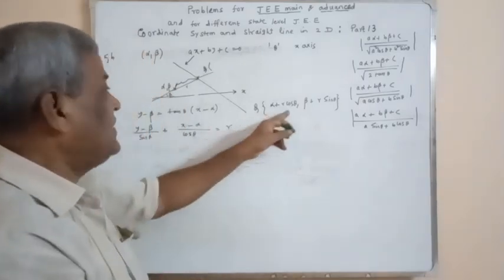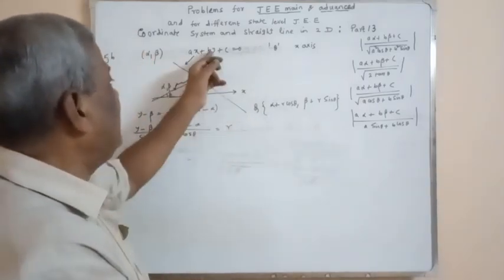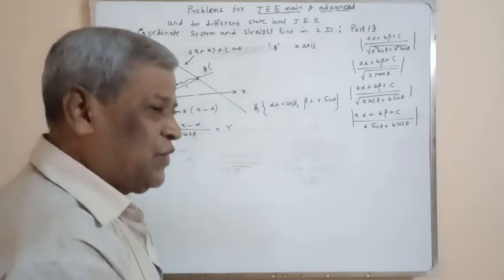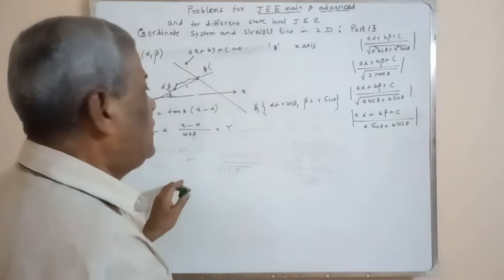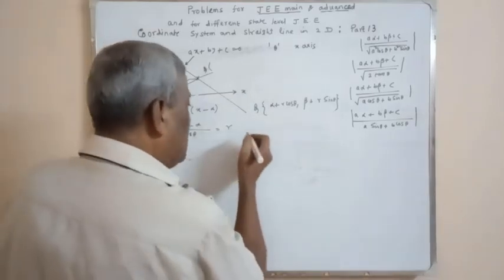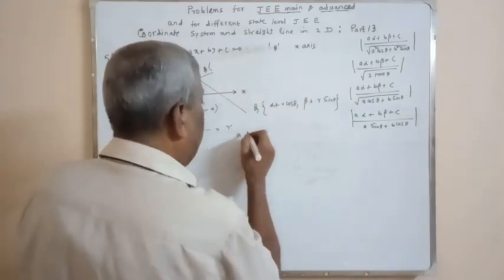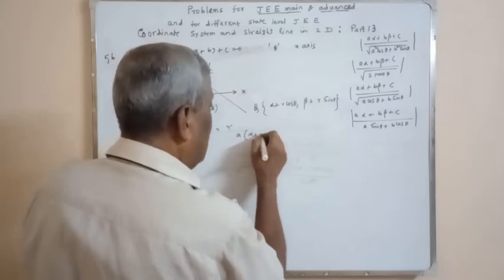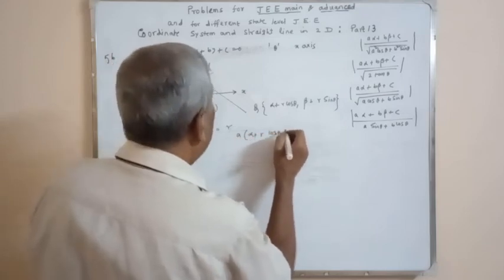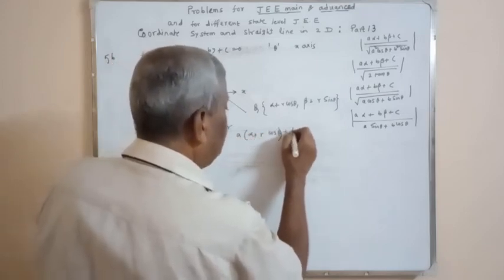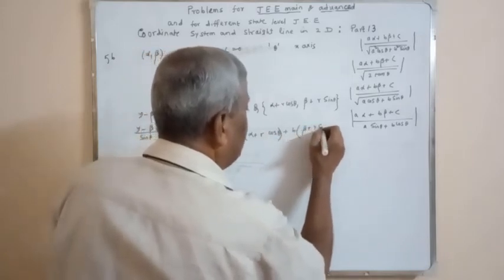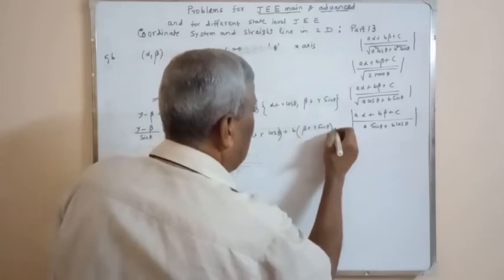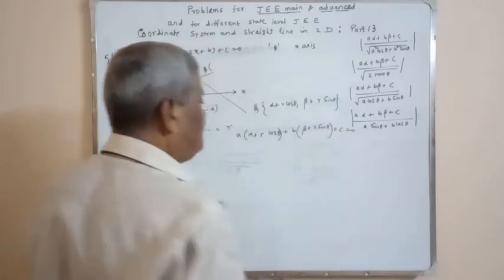You see, this lies on that straight line, that is ax plus by plus c is equal to 0. It must satisfy the equation of the straight line. So we must have a into (alpha plus r cos theta) plus b into (beta plus r sin theta) plus c is equal to 0.